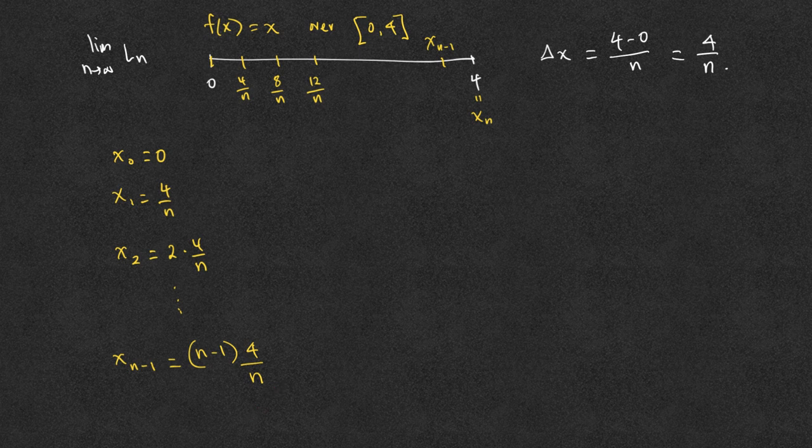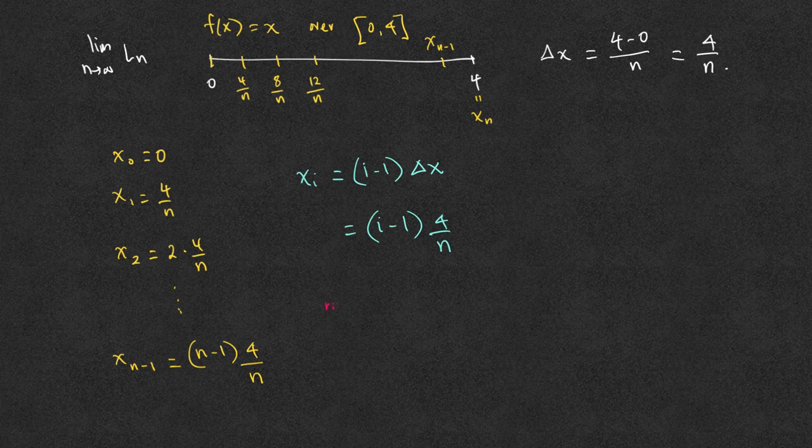From this pattern, we can see that x sub i is i minus 1 times delta x. This is i minus 1 times 4 over n. And so it is not quite what we had before.